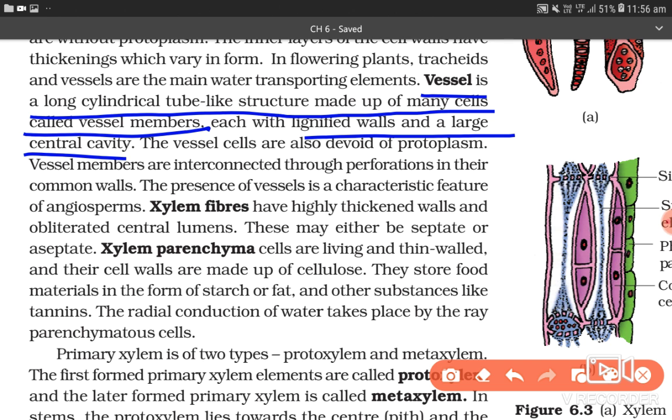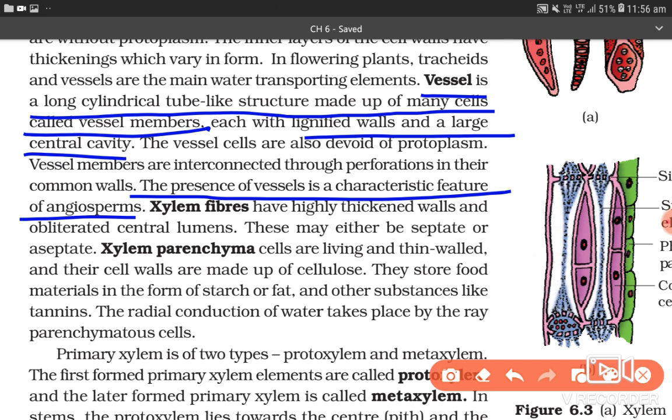The vessel cells are also devoid of protoplasm. Vessel members are interconnected through perforations in their common walls. The presence of vessel is a characteristic feature of angiosperms.